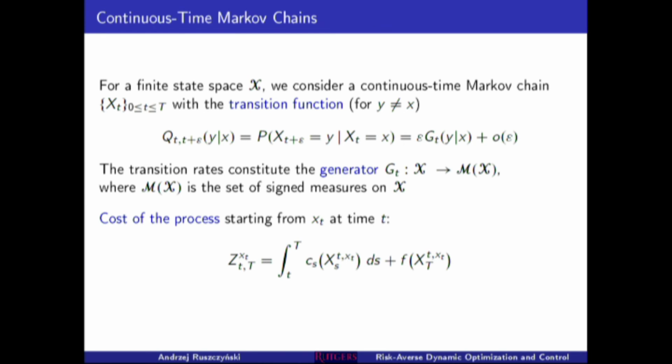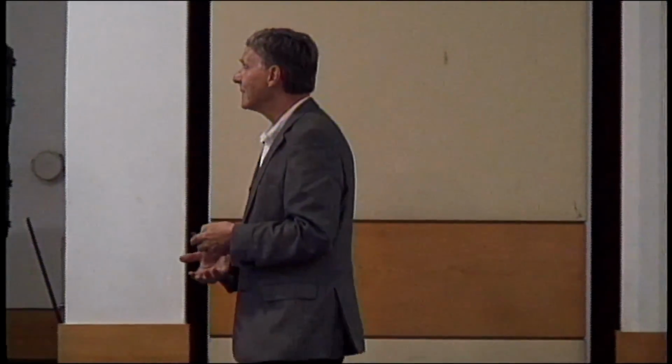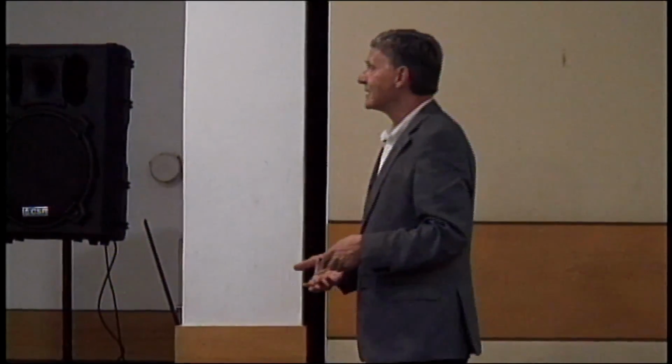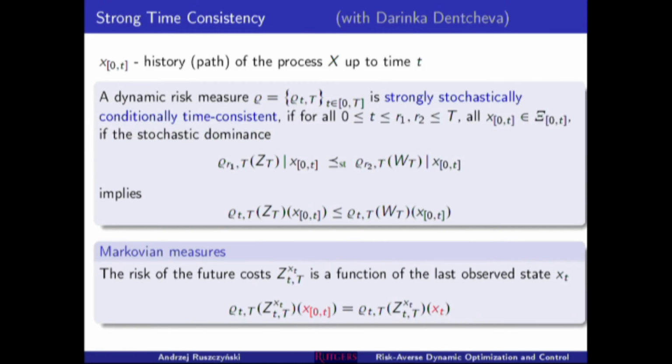These are transition rates. So in continuous time, instead of transition probabilities, we have to talk about transition rates. And the cost of the system, instead of the sum, we have an integral of the cost of the state and the cost of the final state. Now, we can have a concept of time consistency for this particular continuous time model as well.